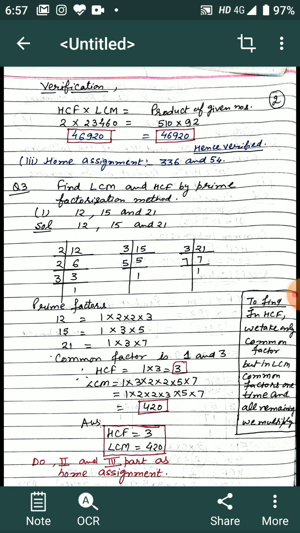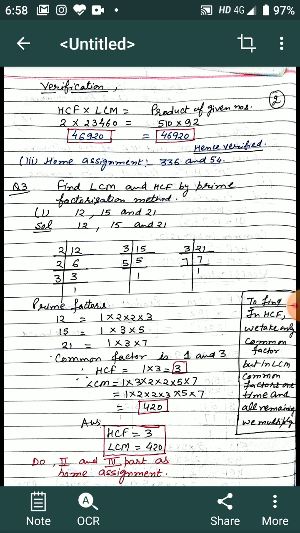Now question number 3, find LCM and HCF by prime factorization method. You will see there are three numbers, 12, 15 and 21.